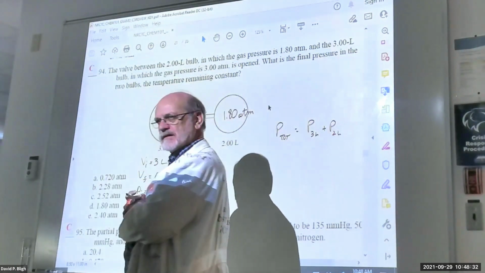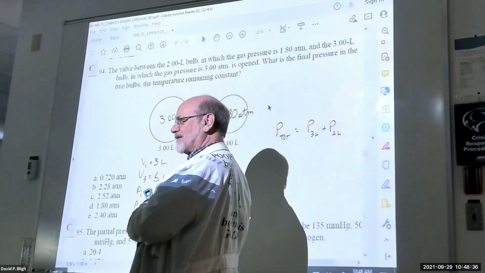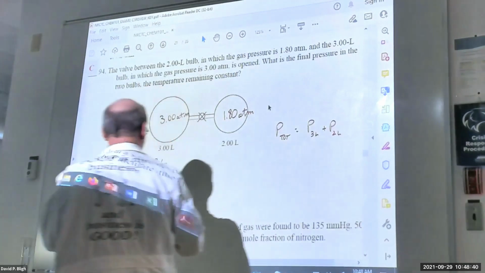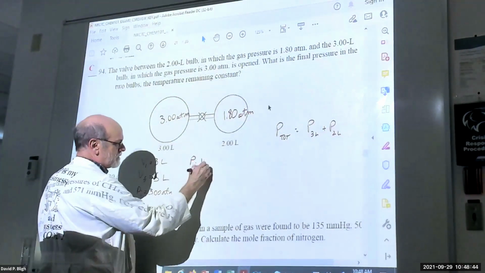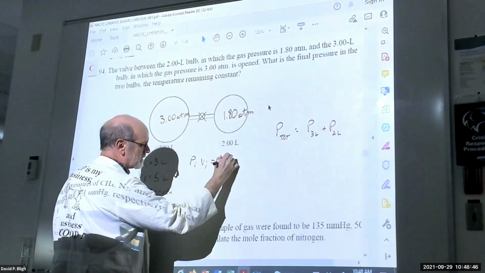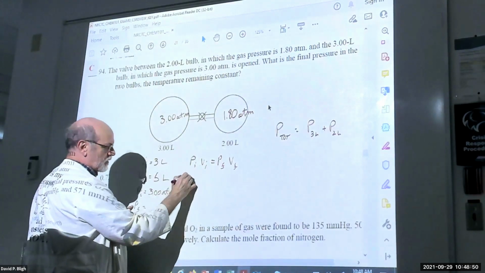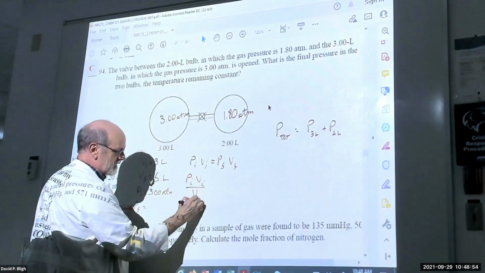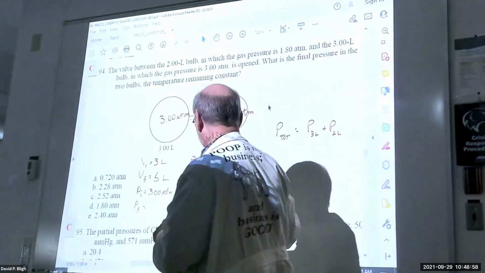PV equals PV. PI, VI equals PF, VF. Boyle's law. We're solving for PF here, so we need PI times VI divided by VF, which will give us the final pressure.